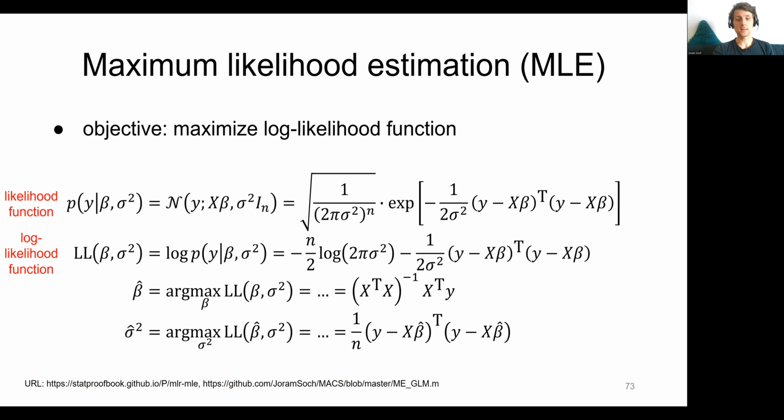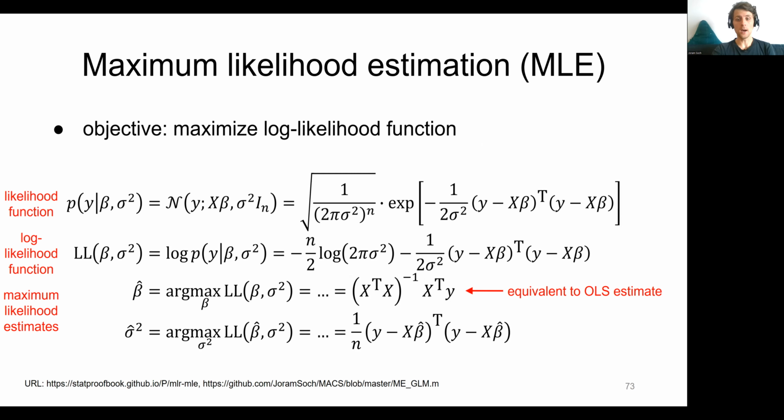And you can see that when comparing the beta hat estimator to the beta hat estimator from ordinary least squares, these two estimates are equivalent. So with respect to the regression coefficients, maximum likelihood estimation leads to the same result as ordinary least squares.